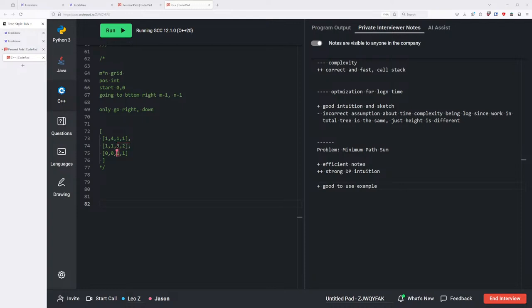Once we go here, the minimum would be, well, we have to add everything from this point on, so that would be 2.